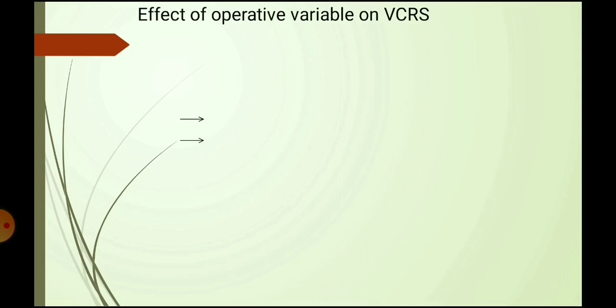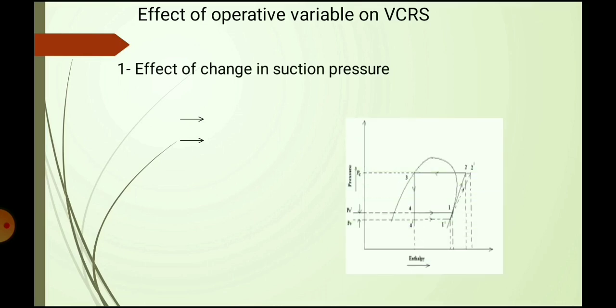Next is the effect of operating variables on VCRS, the vapor compression system. Clear? Case number 1 is the effect of change in suction pressure. If we change the suction pressure, this is the pH diagram.